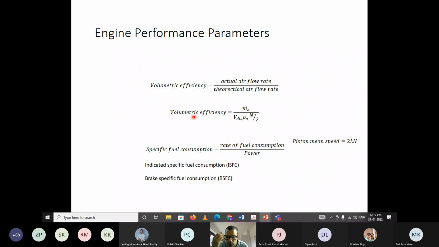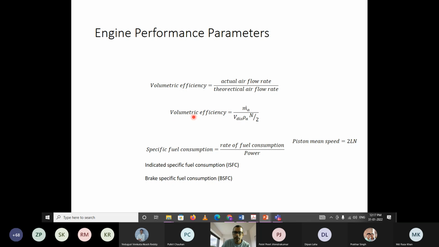If you see the technical specification of the engine in any vehicle, you will find the maximum torque. Let us suppose we are talking about the Maruti Alto K10 engine. It will give around 90 Newton meter torque at around 3000 to 3500 RPM.